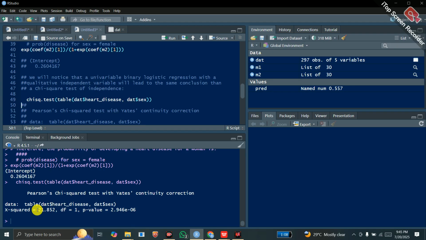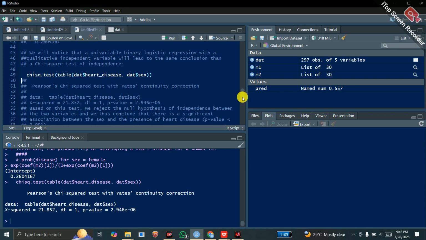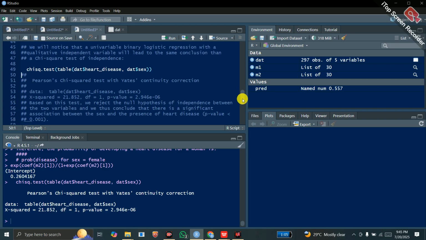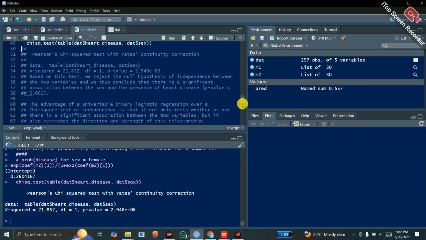The chi-square test value is 21.825 with 1 degree of freedom, and the associated p-value is much less than 0.05. So we reject the null hypothesis of independence, of no association between the two variables, and thus we conclude that there is a significant association between the presence of heart disease and sex of the patient, because the p-value is less than 0.001.